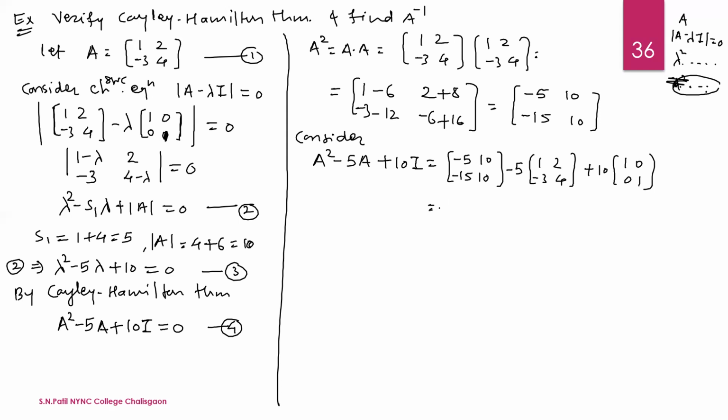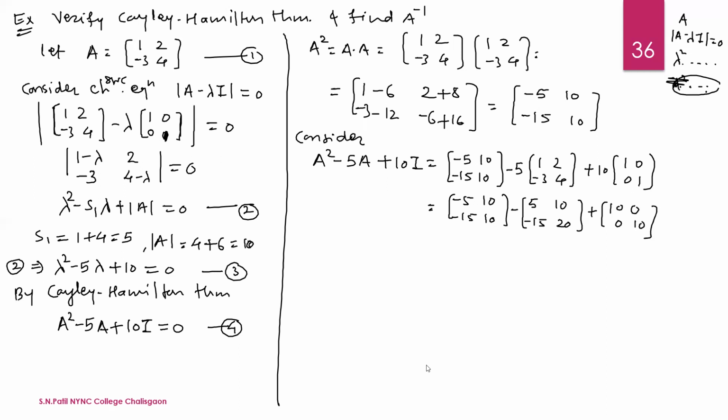Now we simplify. Here I multiplied by 5, not minus 5, to keep the minus sign as it is: 5, 10, minus 15, 20. Multiplying by 10 gives 10, 0, 0, 10.